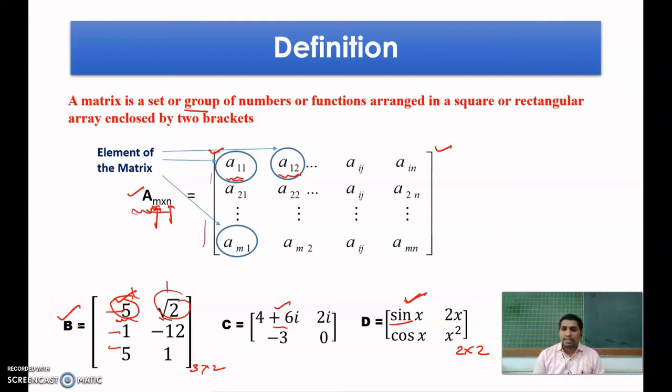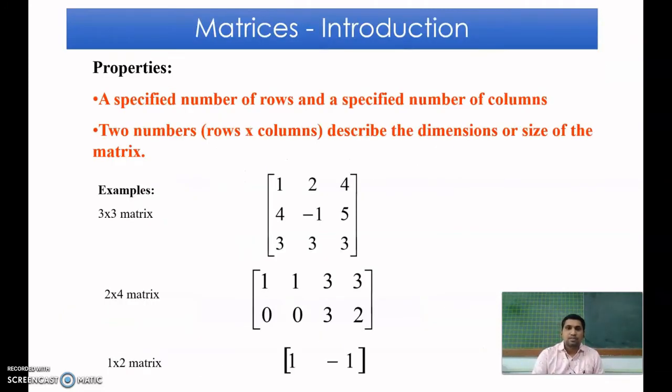There are a lot of elements in a matrix, but we have to specify some element, so that's why we give a name to that element, which we will see in our next part.